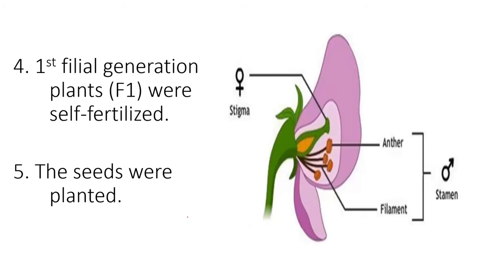Mendel again used the process of self-pollination, or self-fertilization.